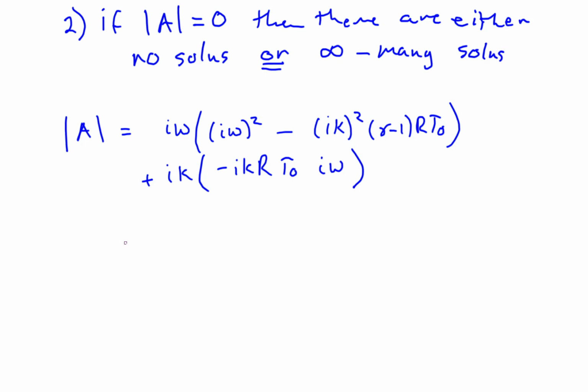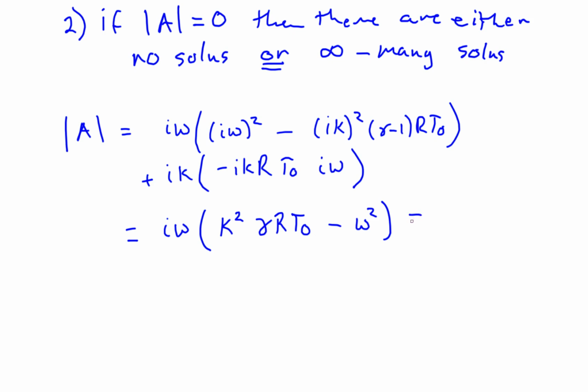So here's our system, and we can simplify this a little bit. As we gather our terms, we can see that this turns into i times omega times a quantity k squared gamma R T0 minus omega squared.